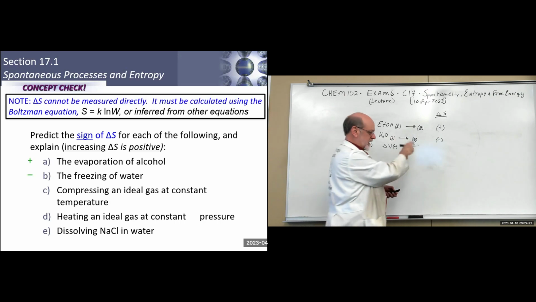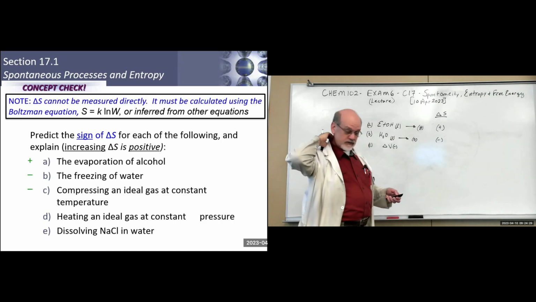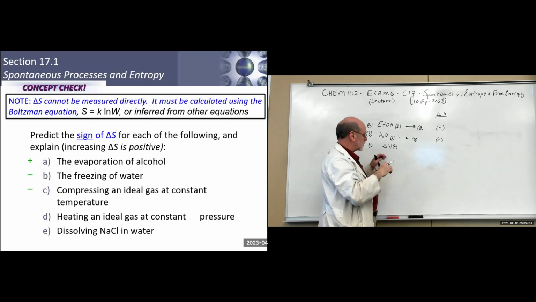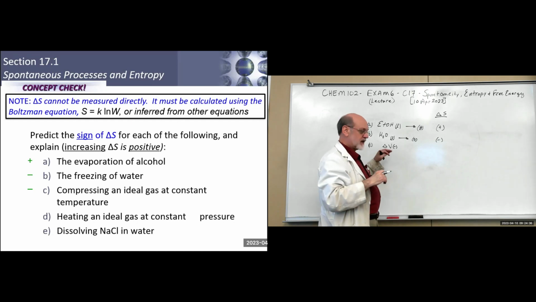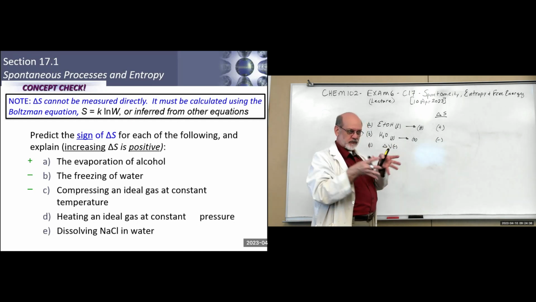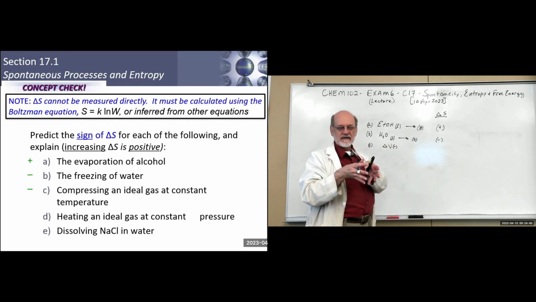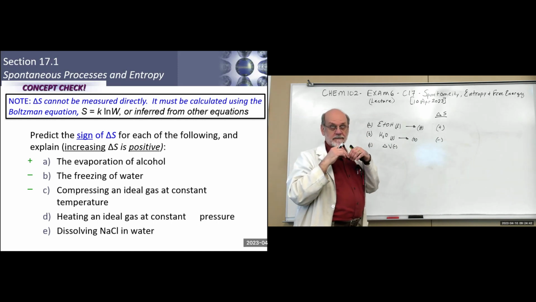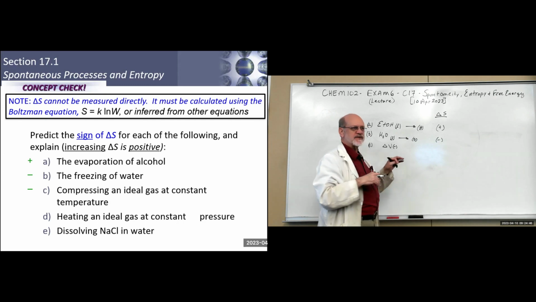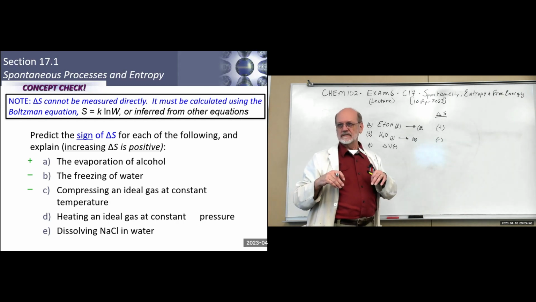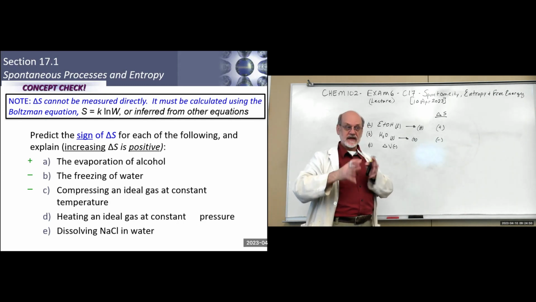Positive, negative, and this one is also negative. We are decreasing the entropy of the gas because we are giving those molecules smaller space to occupy. They have fewer positional states that they can occupy.